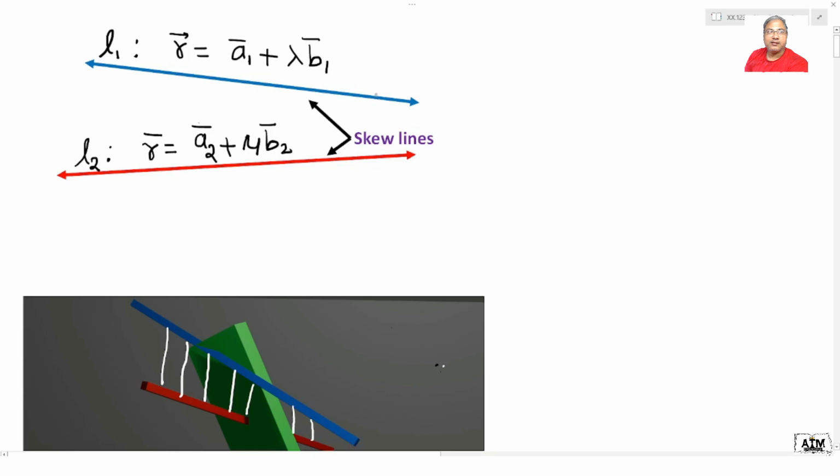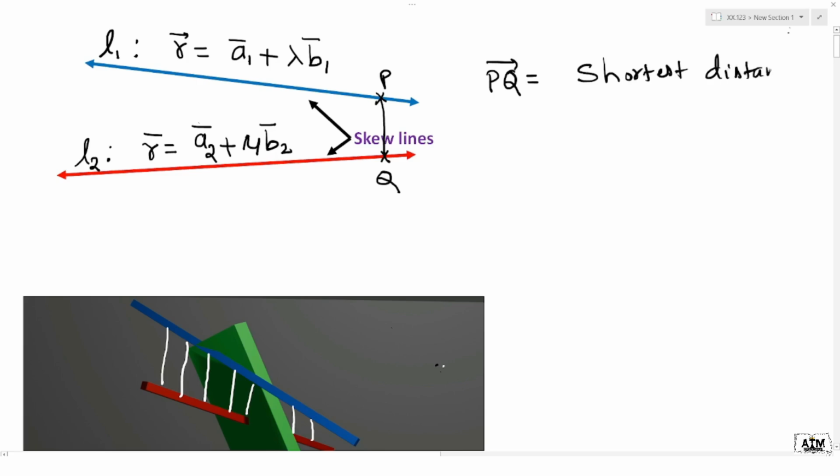Now, consider a point P on line L1 and a point Q on line L2. Draw a projection PQ between these lines. This distance PQ is the shortest distance, and vector PQ will represent the shortest distance vector.